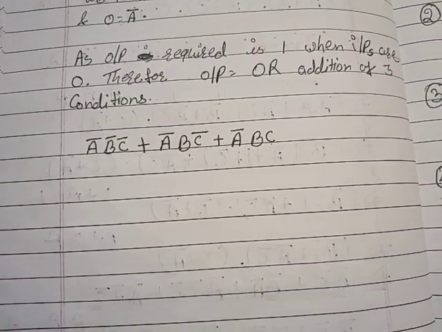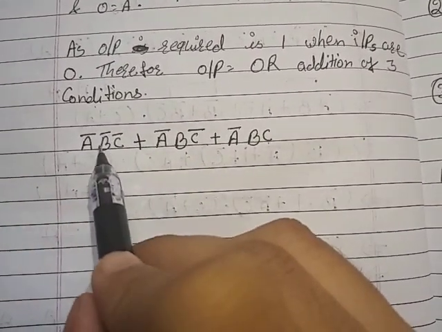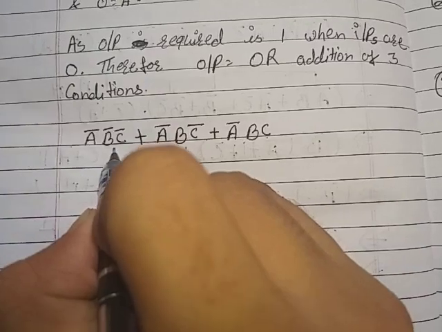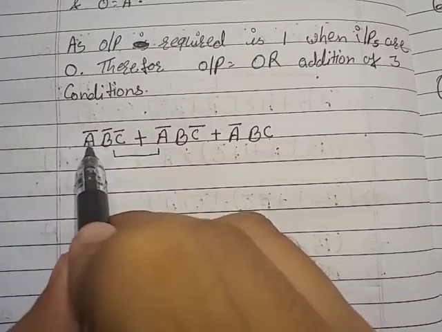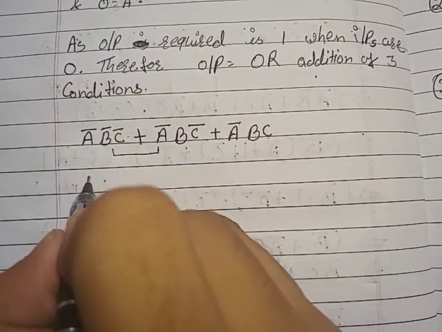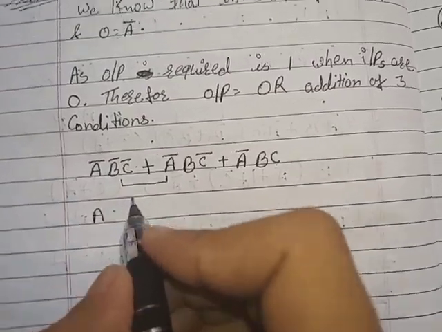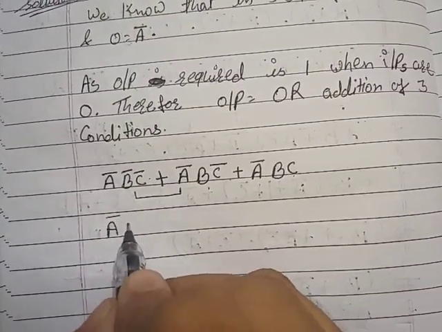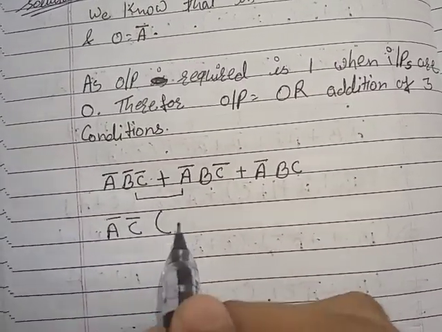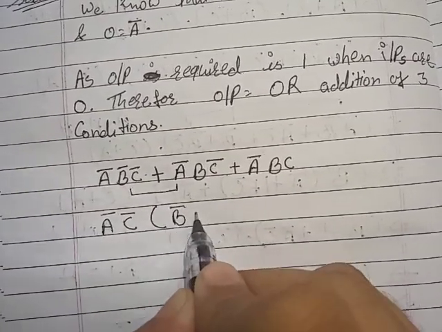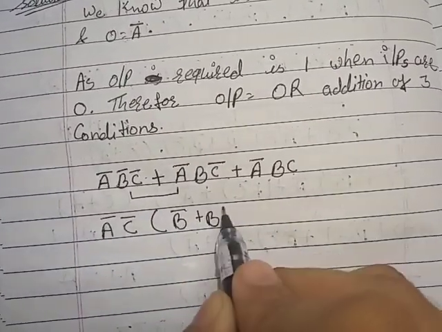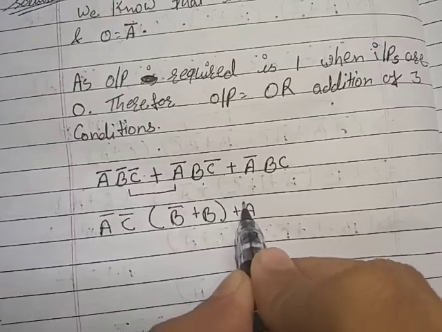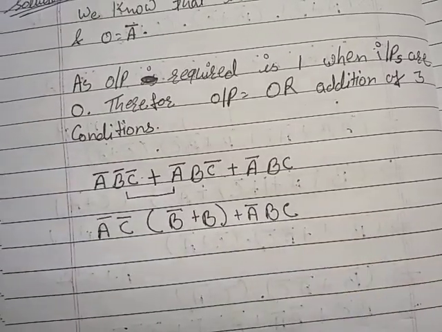So first I am going to take A bar C bar as common from these two terms. So what is the remainder? B bar plus B, plus A bar B C.